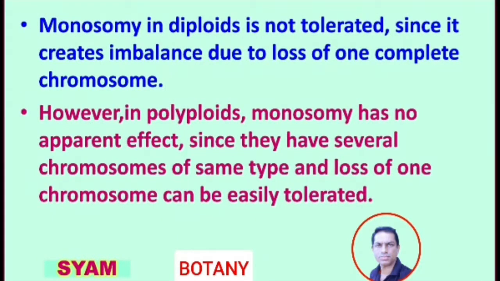Monosomy in diploids is not tolerated since it creates imbalance due to the loss of one complete chromosome. However, in polyploids, monosomy has no apparent effect since they have several chromosomes of the same type, and the loss of one chromosome can be easily tolerated.